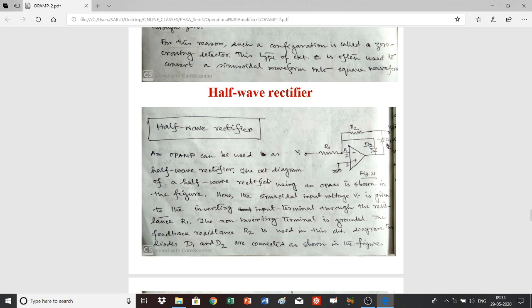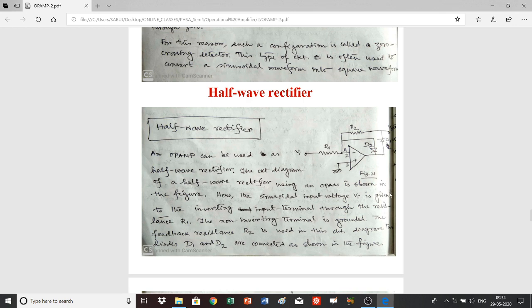When an op-amp is used as a half-wave rectifier, the output will be found in the negative half cycles, but it will not be found in the positive half cycles. That is, the function of a half-wave rectifier using an op-amp is just the opposite of that of the ordinary rectifier.